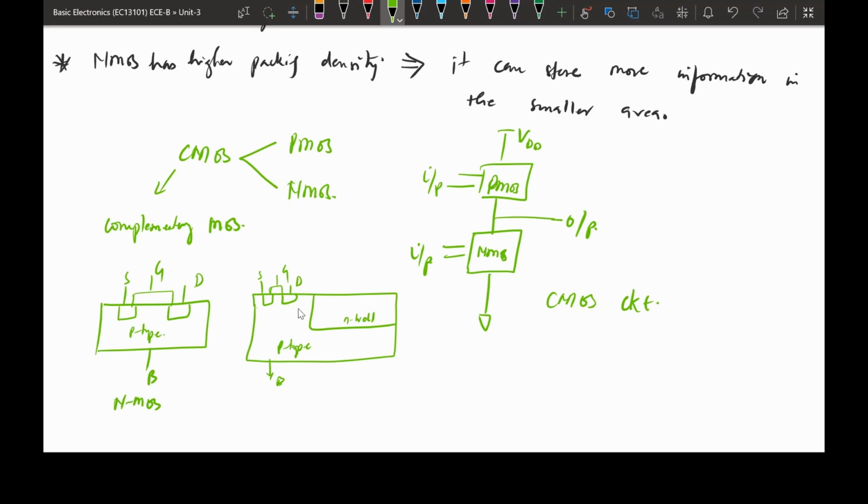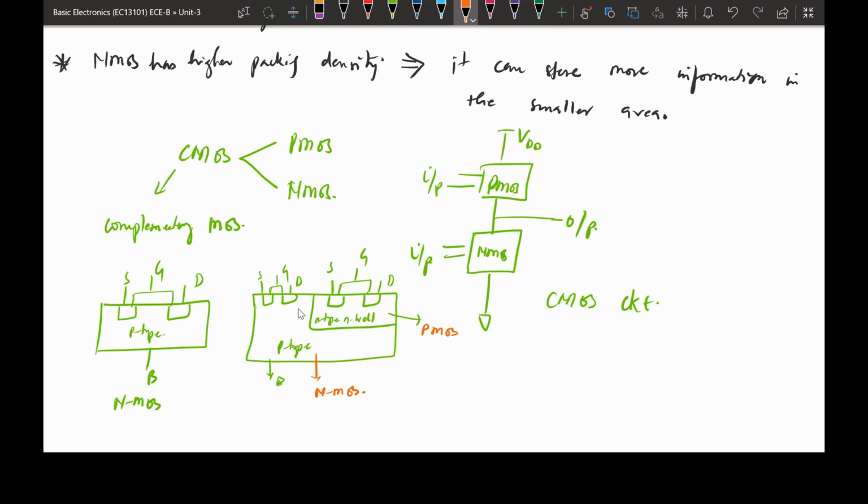On the N well, this will be of N type. So here another MOSFET will be fabricated, with its gate, source, and drain. So this is a PMOS, and this is an NMOS. On a single substrate, we have both NMOS as well as PMOS.